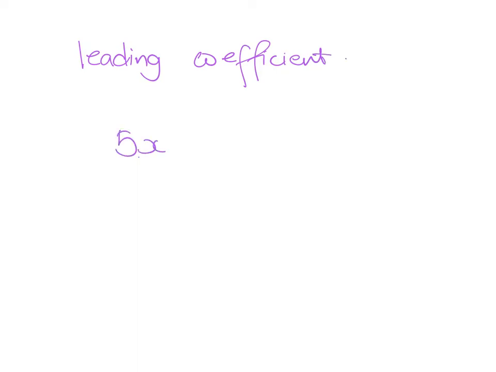Let us now discuss what is a leading coefficient. Before we go into leading coefficient, let us do some revision as to what is a coefficient. So if I have 5x squared minus 6x plus 12, then the coefficient of x is the number next to it. So the coefficient of x would be minus 6.